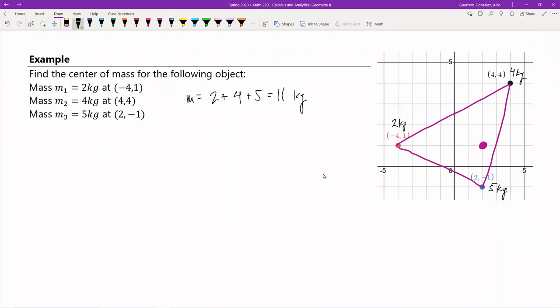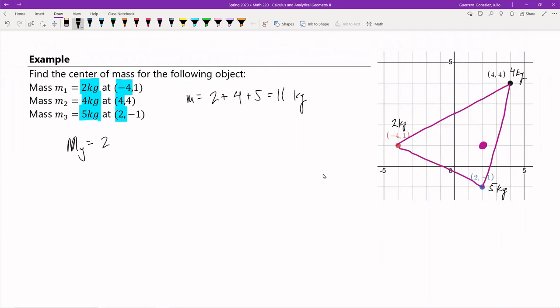All right, so there are two things we need to find. The My, the moment with respect to the y-axis. In order to do that, we grab each and every one of the masses times its distance away from the y-axis, the x value of its coordinate.